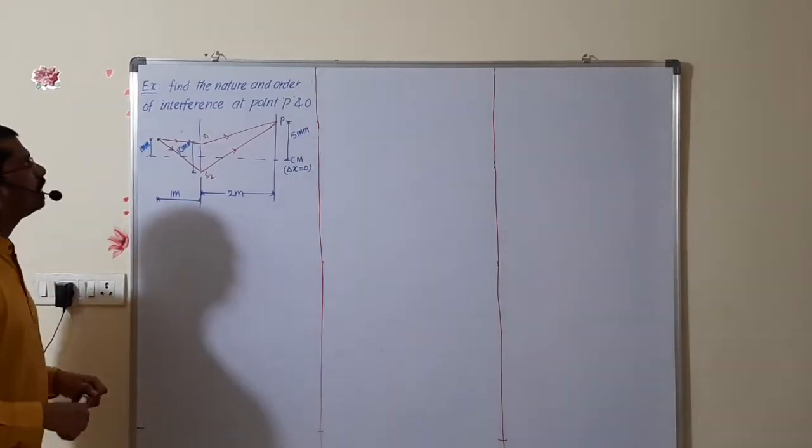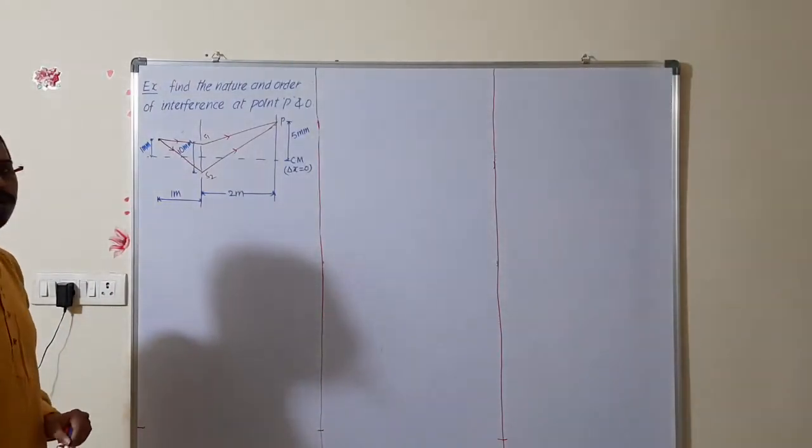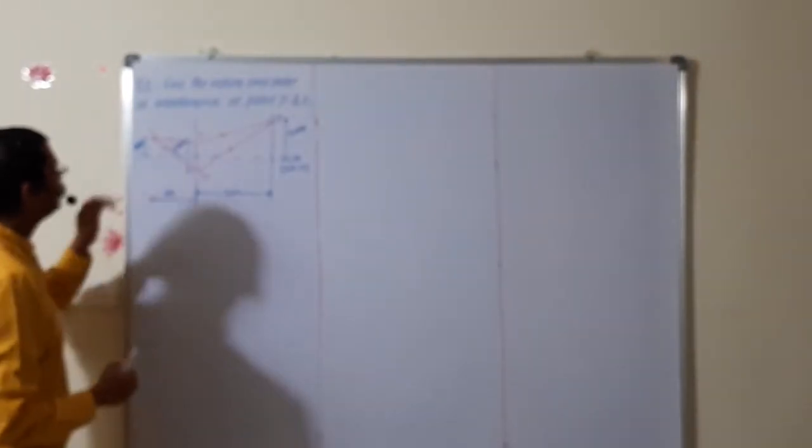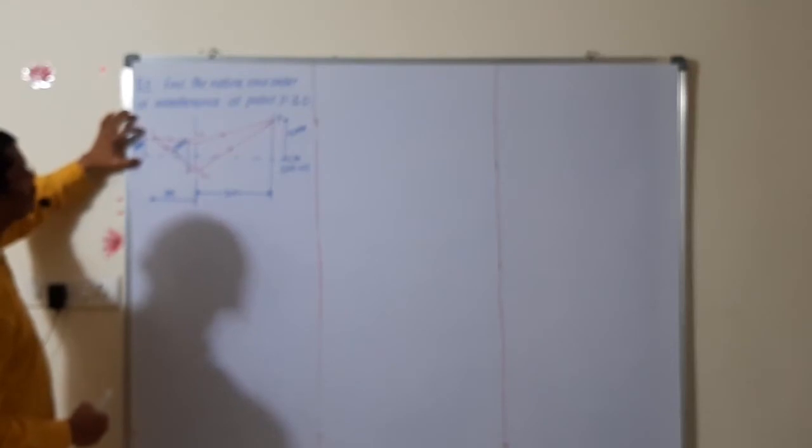Now find the nature and order of interference at points O and P. Here it is given that the source is placed above the principal axis, and the values are given. The source is placed 1 millimeter above the principal axis.